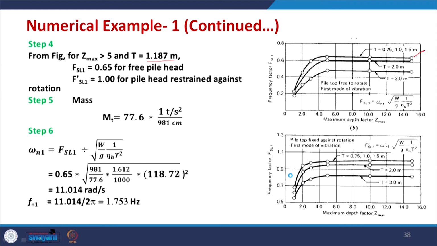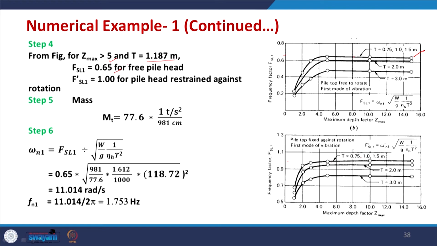For this value of 10.27, you see that this becomes constant before that, and you get a value of around 0.65 from this curve. So, 0.65 is coming from the first curve, while for the second curve, you have T equal to 0.75 to 1.5 meters. This curve needs to be used, and you get the value 1 from this curve for pile head fixed against rotation.